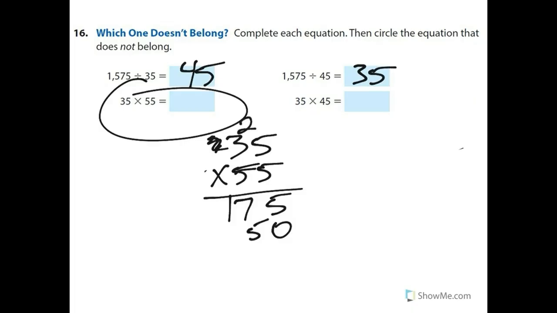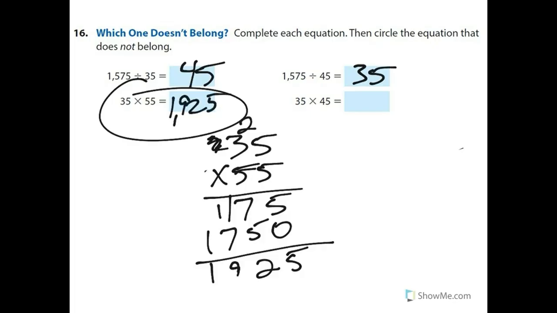Carry my 2. 5 times 3 is 15. Plus 2 is 17. 5, 12, 9, and 1. 1,925. I see this one because it doesn't equal 1,575.